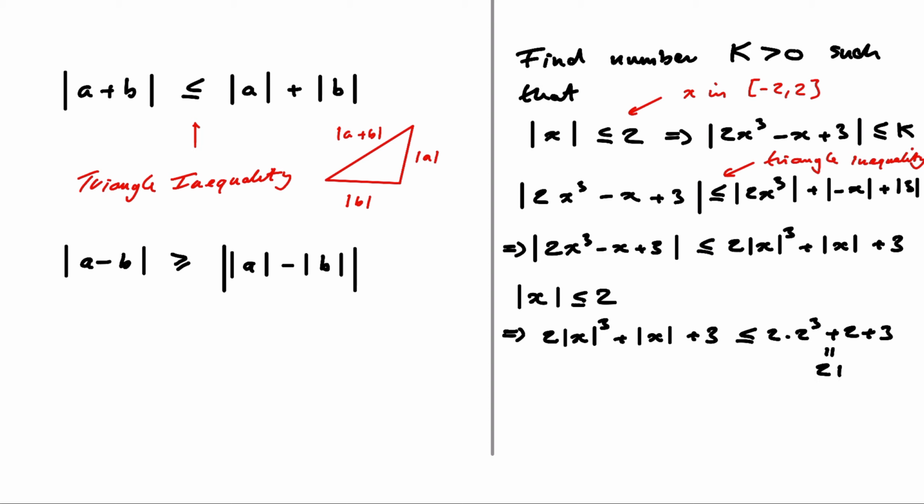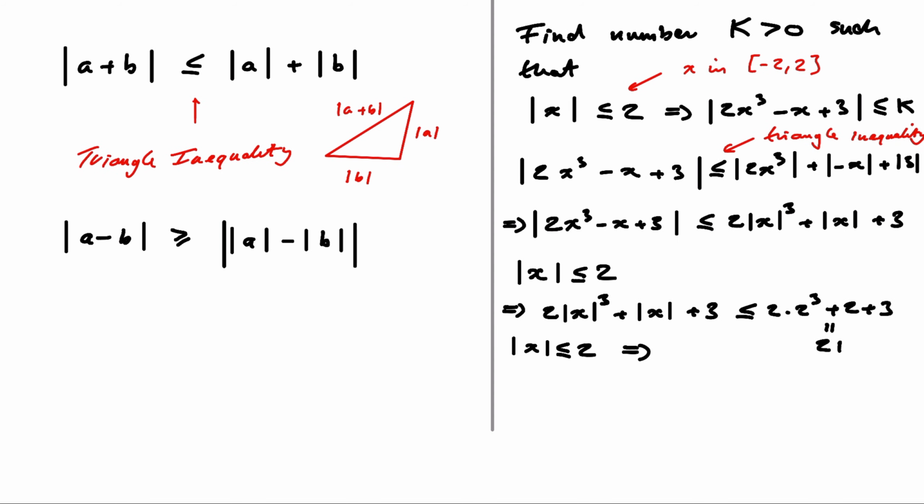So what do I know? Let's just kind of go through this carefully. So the absolute value of x less than or equal to 2, that guarantees that the following is true.